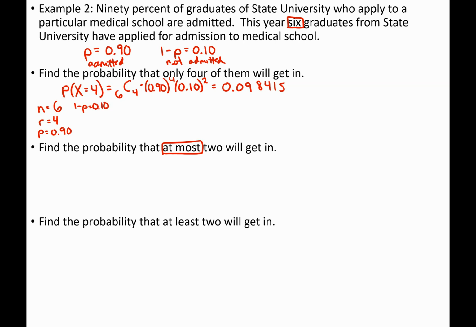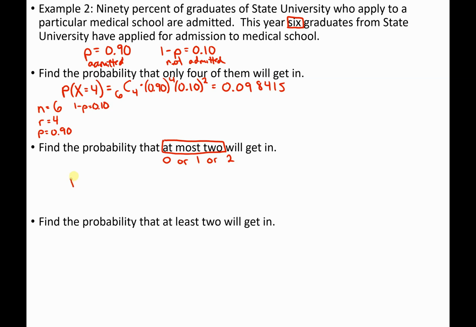If I want at most 2, how many does that mean? 0 or 1 or 2. So we have those 3 different situations that we have to look at.